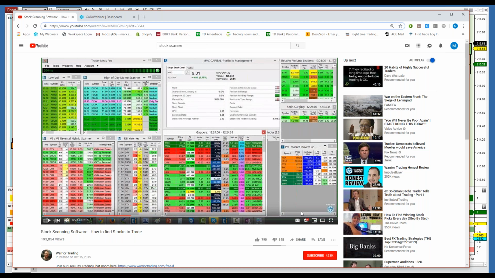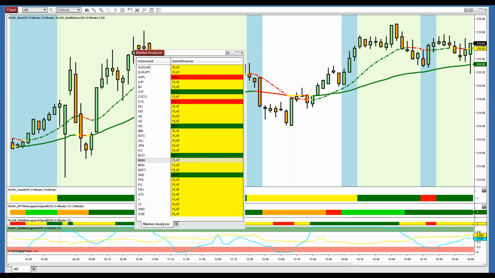All this is a data aggregator. It shows you tons of data. It aggregates it all into basically a dashboard, and you have to sort it all out. And you may have to look at 50 or 60 stocks before you can even come close to one that may potentially be tradable. That is not what's going on here.